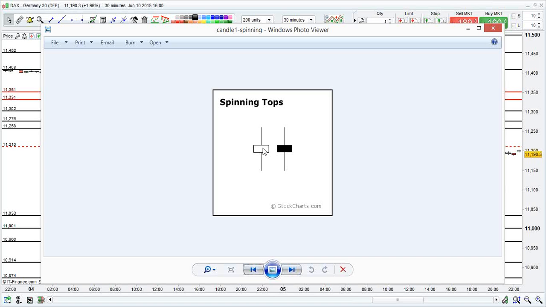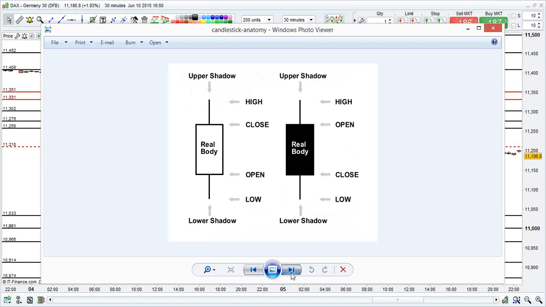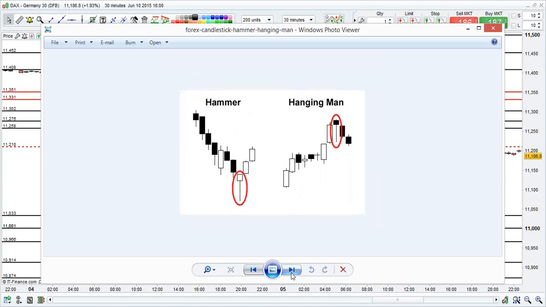Until we get further clarification in the next candle, whether it was bullish or bearish, the higher probability move would be to just stay out of the market. There's no need to take every trade on every candle. So the market will tell us what to do. And the market here, when I see a spinning top, is telling us that it's undecided. So there's no need to take a trade off every single candle.